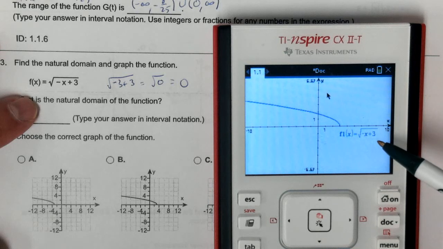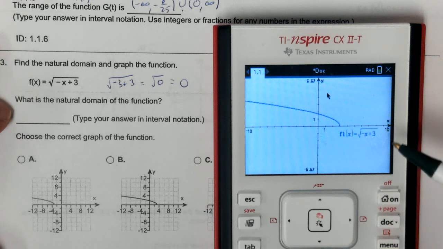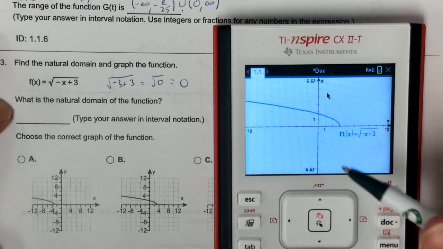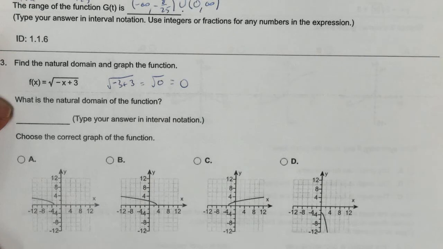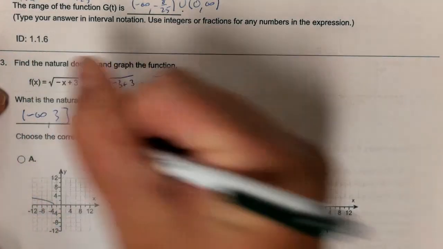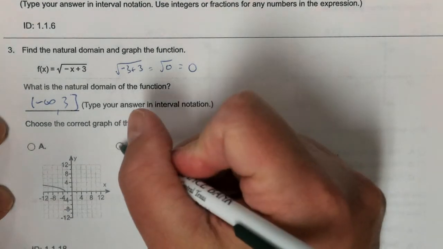And then it went to the side. Alright, so this would be from 3 that way, so from negative infinity to 3. Negative infinity, 3 bracket. And so that's the B graph.